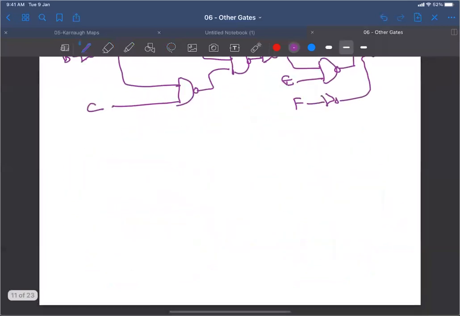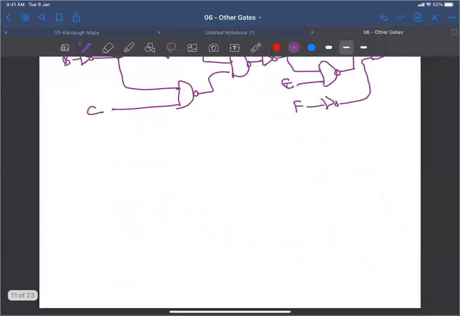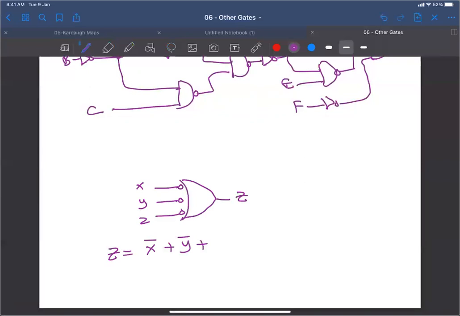Okay, so let's see, to answer your question: I have X, Y, and Z, and I have bubbles here, and this is Z. So what is my Z algebraically? It's X complement ORed with Y complement ORed with Z complement, right? And using De Morgan's law, this is nothing but X, Y, Z, with a complement over all. This is nothing but a NAND gate.